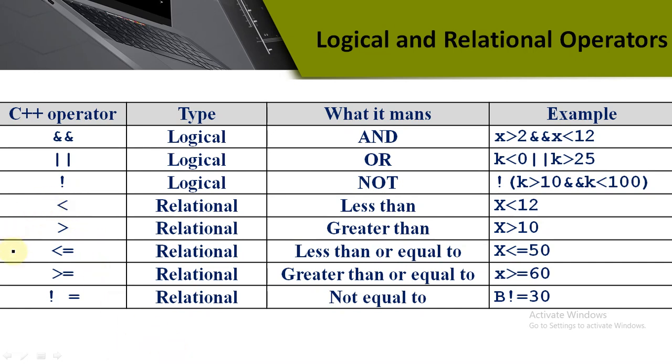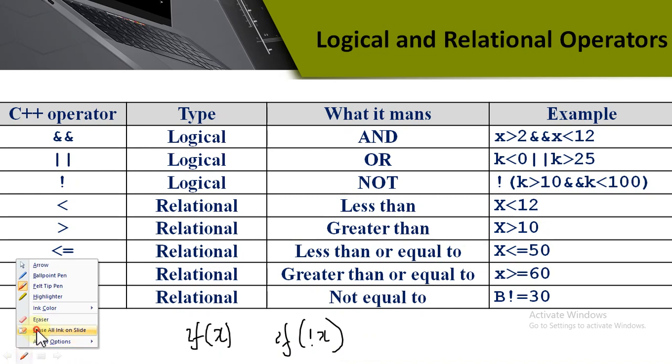When we want to combine logically two relational expressions, we need to use logical operators. Okay, not x. Not x means x equal to 0, because if we write if not x, it is as if telling if not equal to x, double negative makes positive.